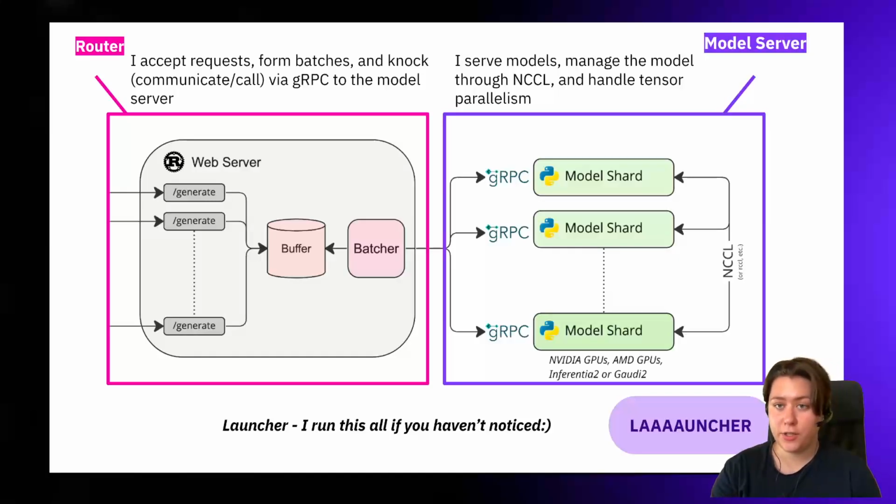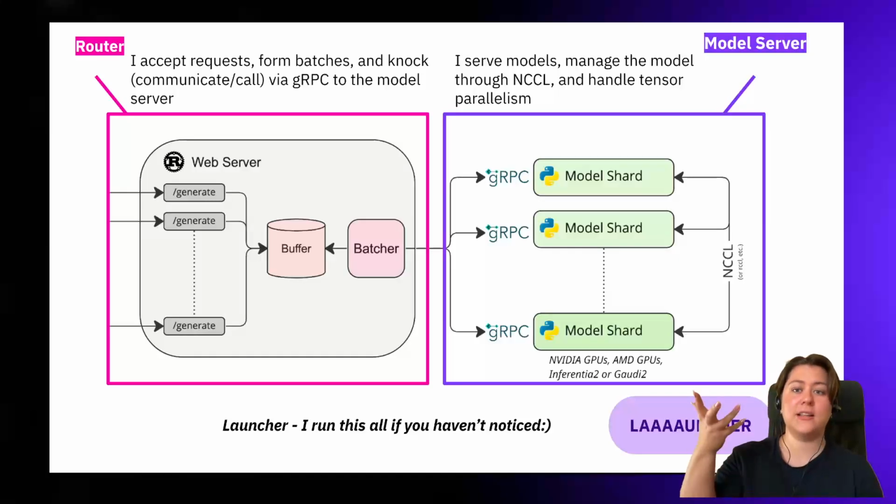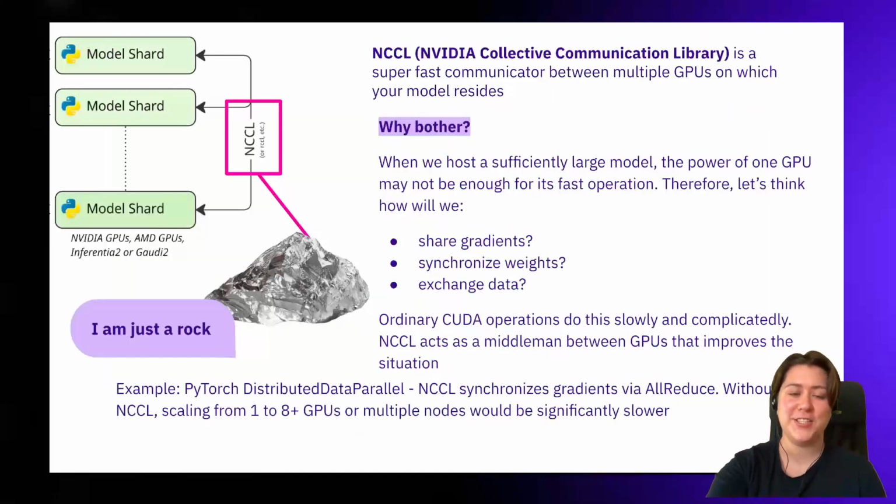That's where your model shards live, and here we have an NCCL optimization for your models to be able to talk as fast as possible. And the third part, which is quite mysterious, is the launcher. That's the part that makes sure that everything starts up and bootstraps properly. There are a few different versions of launchers, and you can dig deeper into this topic if you want to, and I highly recommend checking it out.